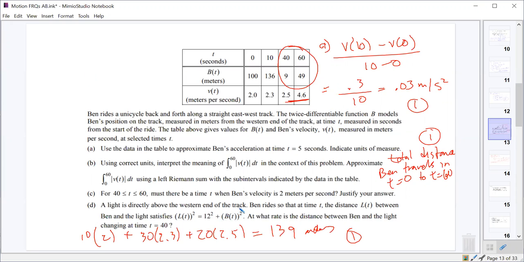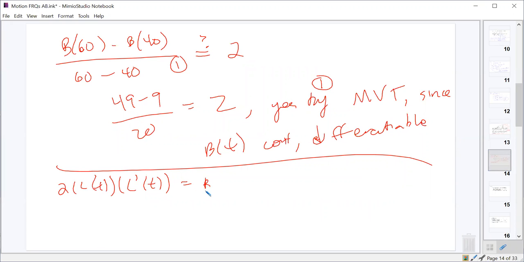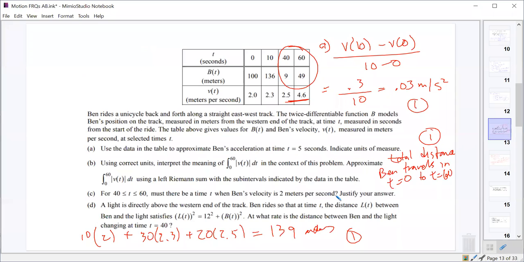And b of t squared, when we take that derivative, should be 2b of t times b prime of t. And so then we're just going to have to plug in all of our values for all these other things to figure out what L prime of 40 is.